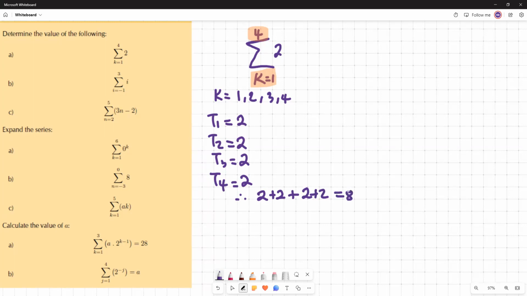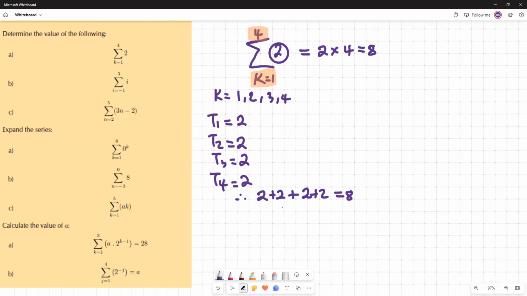And the simplest way you could have done this is this. If you have a constant here, by a constant, I mean you don't have any letter, you just have a number, you can always say this sum is going to be 2 multiplied by the number of terms. How many terms do we have? We have 1, 2, 3, 4. So times 4, which still gives you 8.